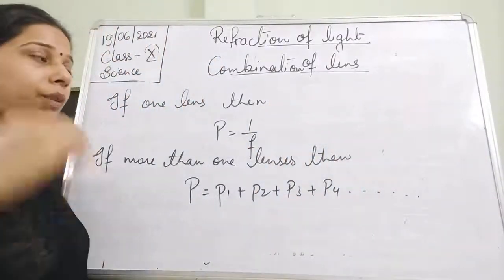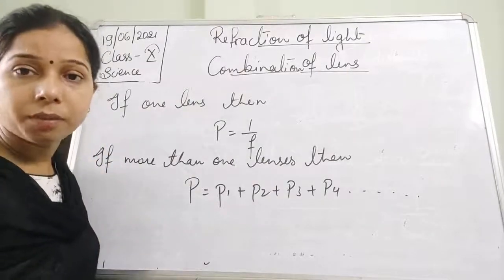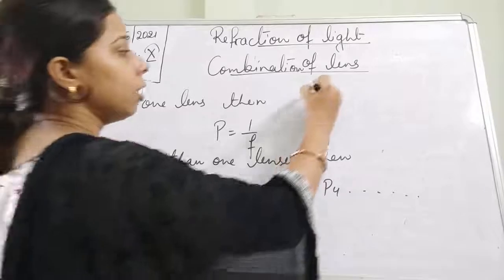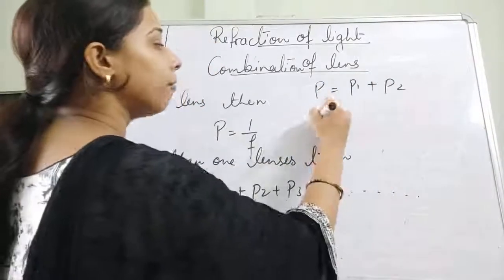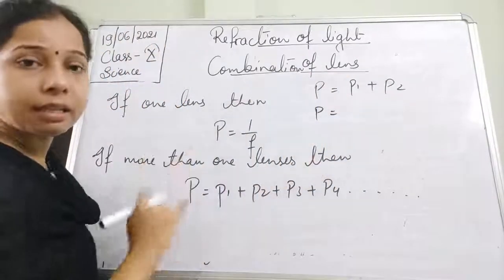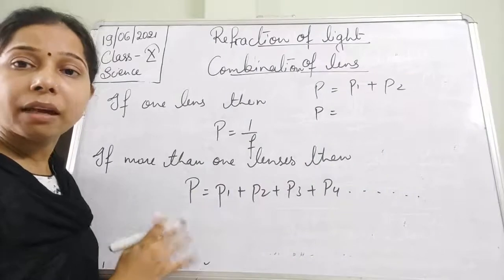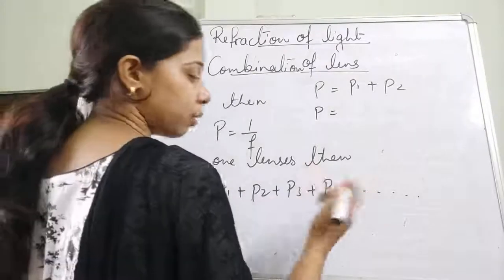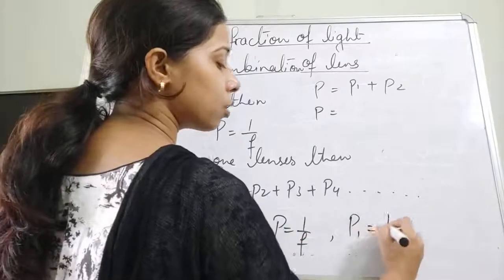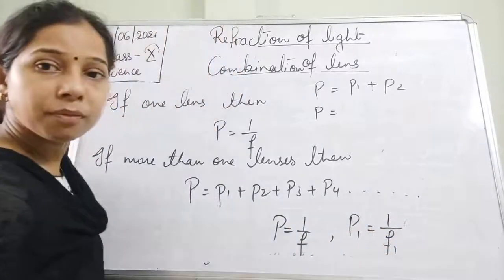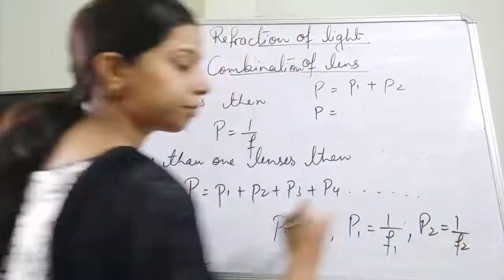Now, if we do not know exactly the value of the power of the lenses, but we know the focal length. If two lenses are there, P is equal to P1 plus P2, right? And we do not know the power of each lens, but we know the focal length. So how could we find the power? Since power is equal to 1 by F, P1 will be 1 by F1 and P2 will be 1 by F2.